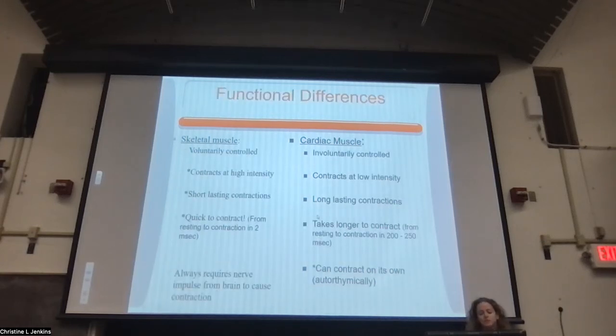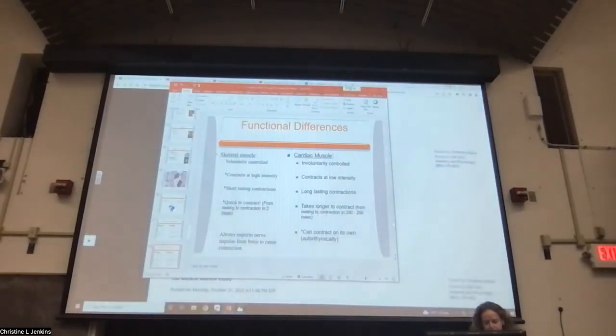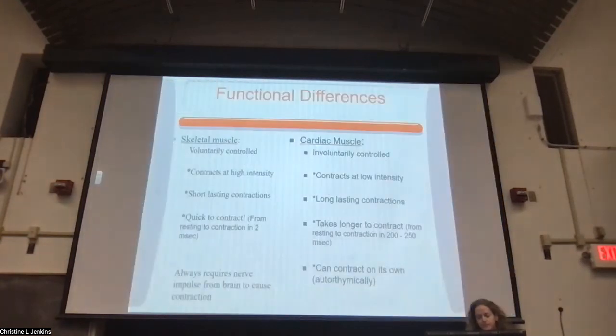Here are some functional differences. You only need to know the lines here that are starred. I mean, you already know that skeletal muscle is voluntarily controlled and cardiac is involuntary. Compared to each other, cardiac muscle is at a lower intensity.